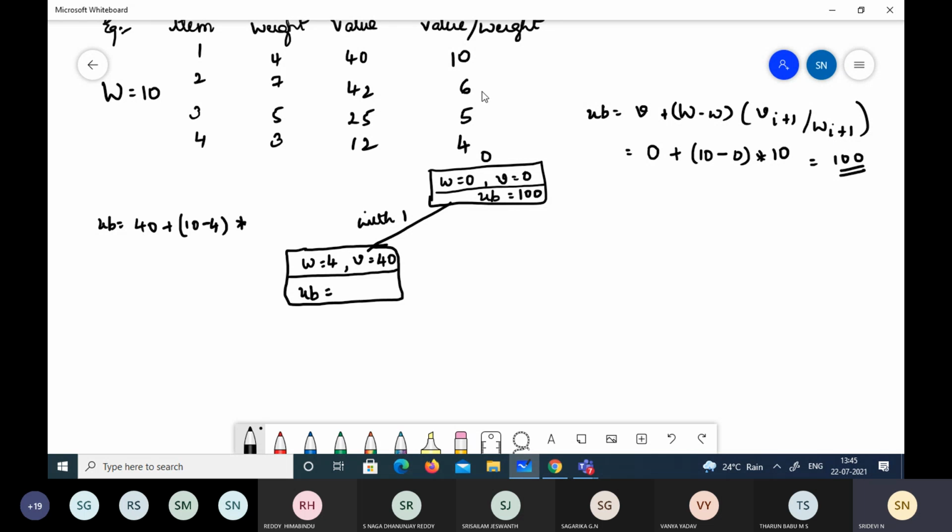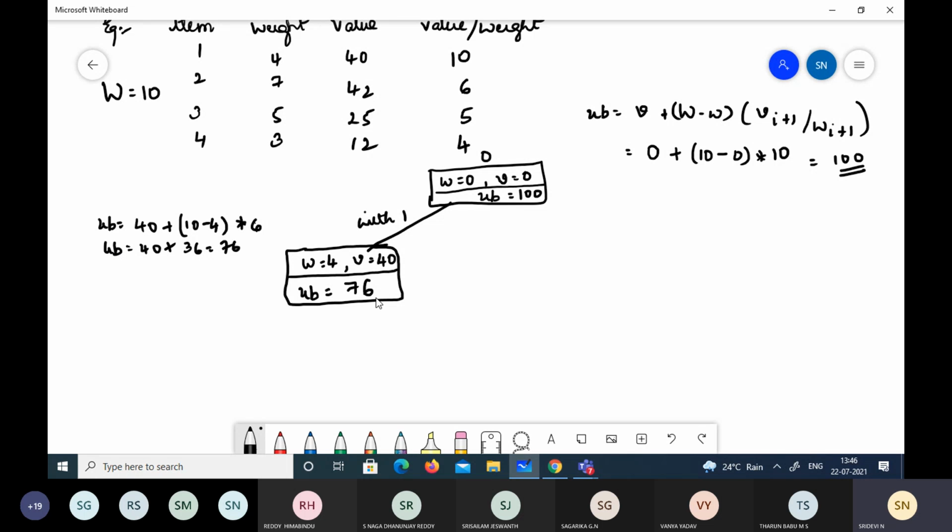You have to take the next payoff. As we are considering this item i, we should take the Vi by Wi ratio of the next item. So the next item is 6. So 40 plus 6 into 6 is 36, so it is 76. So the upper bound for this will be 76.